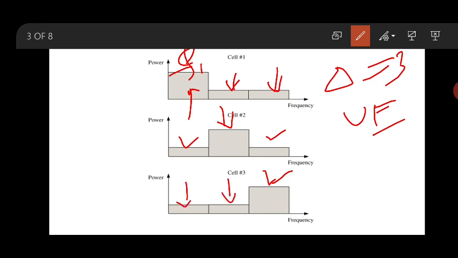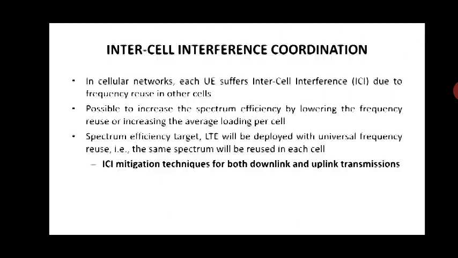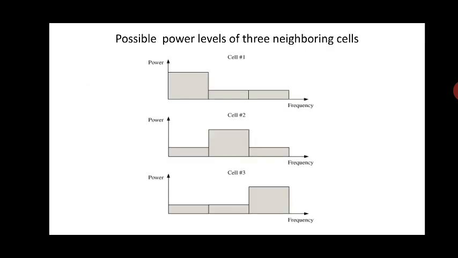This is what the power level indicators are from the corresponding cells. If the person is in cell number 1, you are getting the highest power from the corresponding cell, and the least power from the neighboring cells. We call them neighboring cells.